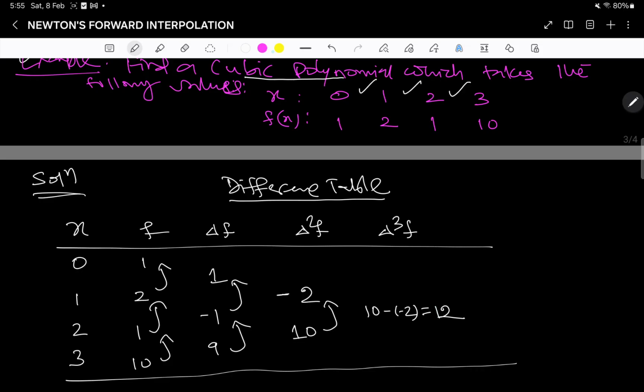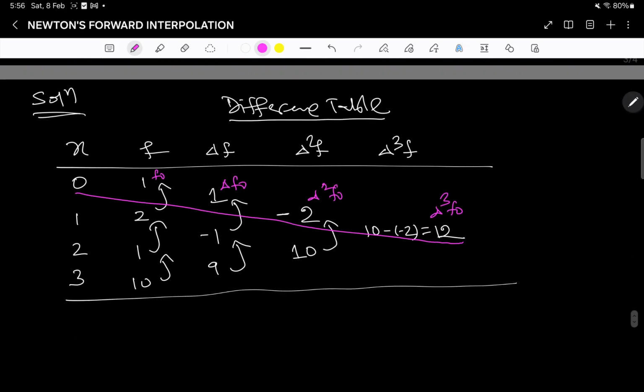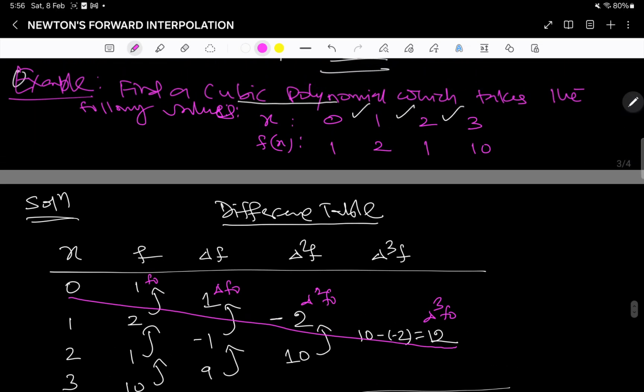Okay, so now this is my f0, this is my del f0, this is my del square f0, and this is my del cube f0. So actually these things are needed while we use the formula. And what is my h here? You see my h, this gap is 1 here.